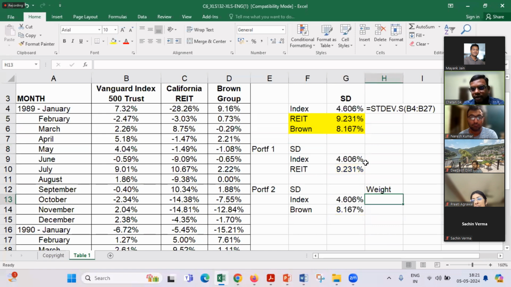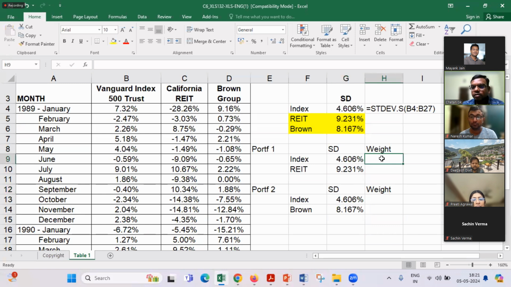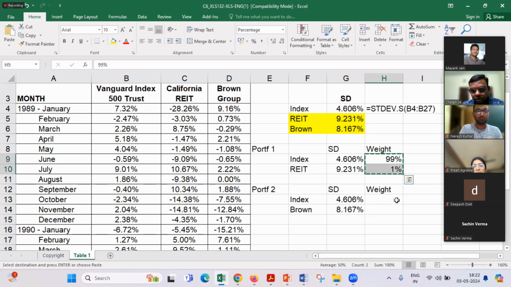So now I'll write the weights, and these are the standard deviations. The weights they have told in the problem: 99% we are investing in the index, 1% in the individual stock. In portfolio 2 also it is the same.